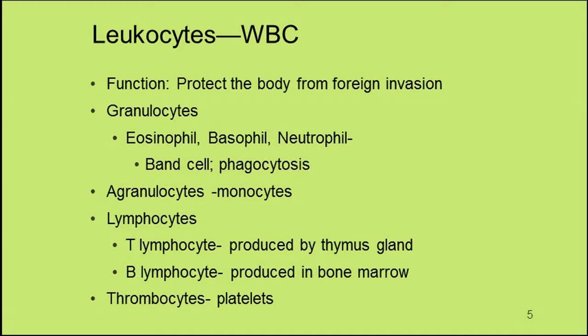Okay. The agranulocytes are monocytes. Those cells evolve eventually into macrophages, and that is actually the second line of defense in our process of defending against invaders or infection.